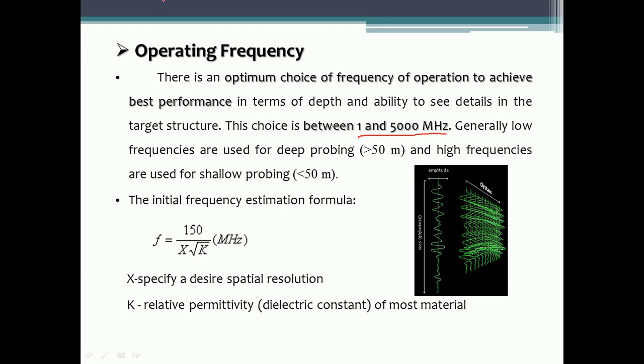If we need deep boring, that is, data at a larger depth, more than 50 meters, then we use low frequencies. If we require data for shallow depth, less than 50 meters, then we can use high frequencies. So generally low frequencies are for deep boring and high frequencies for shallow boring. That is how the frequency factor affects the depth of penetration.